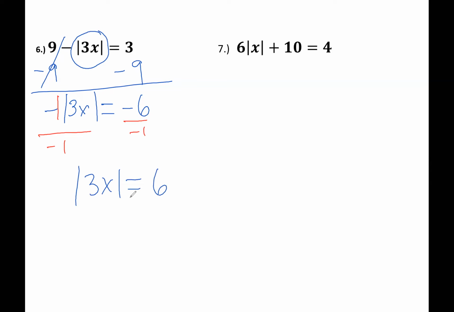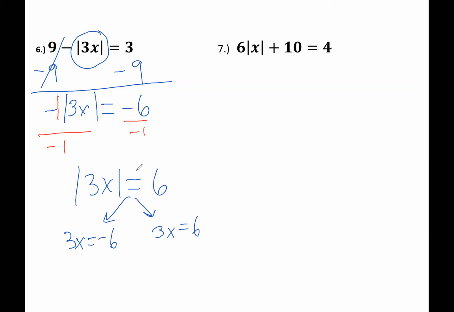So now we can split it up into 2 problems. Okay, and by the way, notice that when we split the problem up into 2 equations, we no longer have the absolute value. So as I'm writing my 2 equations, there's no absolute value. So 3x, the expression inside the absolute value, could be equal to -6, or 3x could be equal to +6.